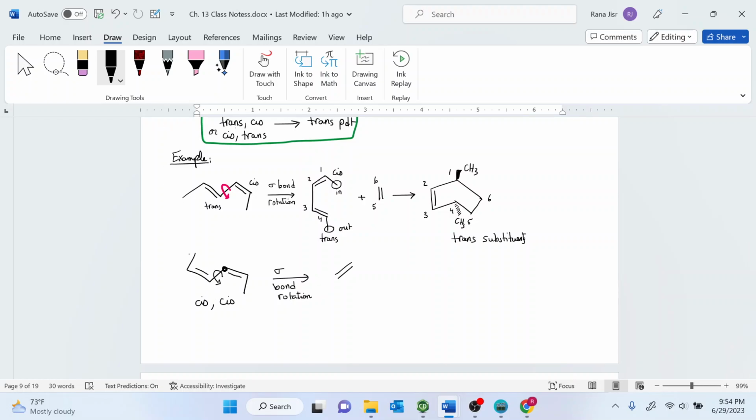Okay, so I'm going to end up getting both CH3s are going to be in. So this one is going to be in and this one is going to be in. So go ahead and number your carbons. This is going to be 4. Now, if I react this with a dienophile, this is going to be 5. This is going to be 6.